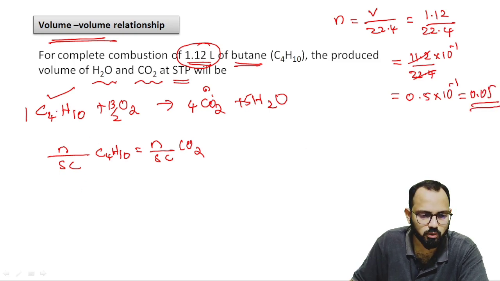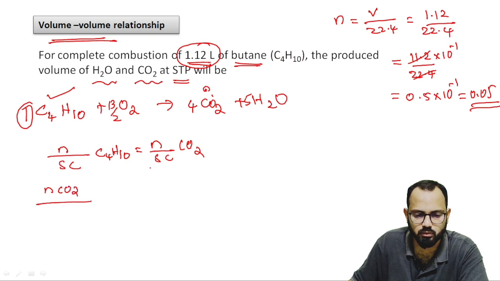So here the stoichiometric coefficient is already 1. So 0.05 divided by 1. So n of CO2 by stoichiometric coefficient of CO2, which is 4, is equal to n of butane, that is 0.05, by stoichiometric coefficient, which is 1.